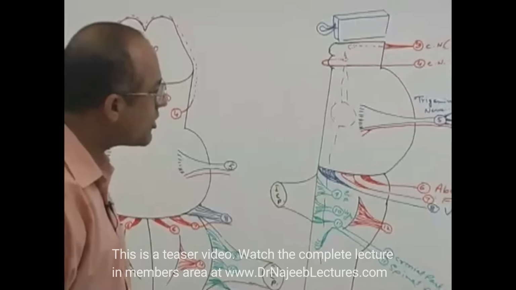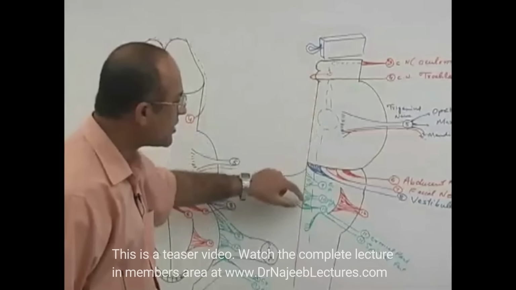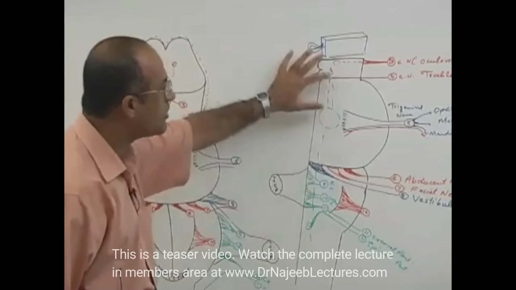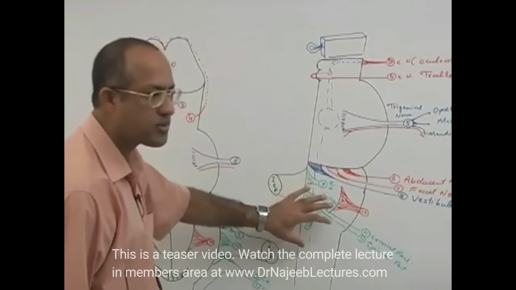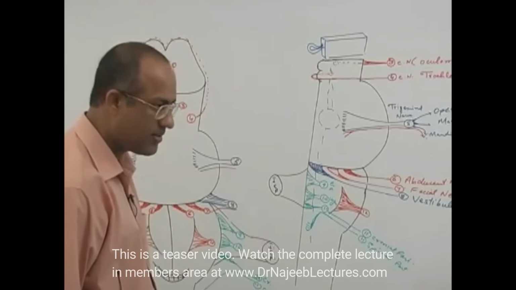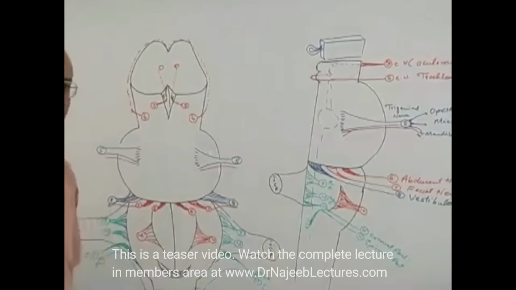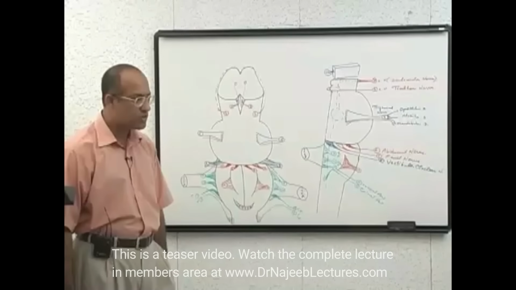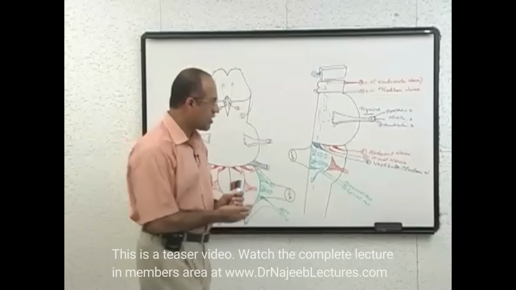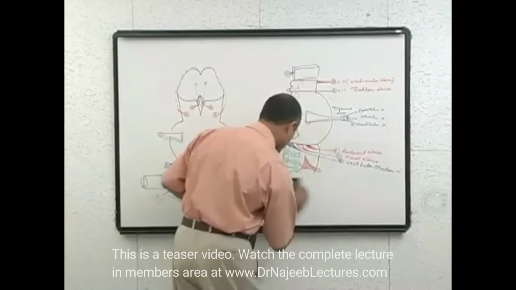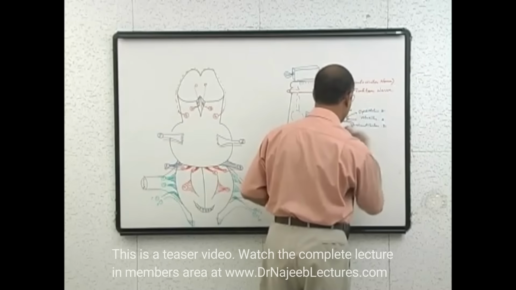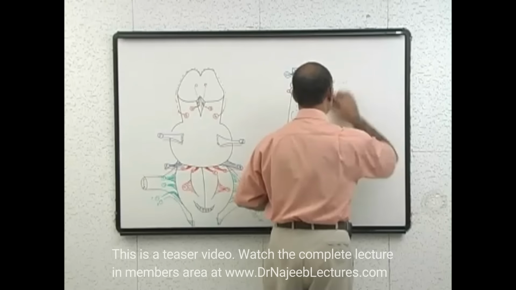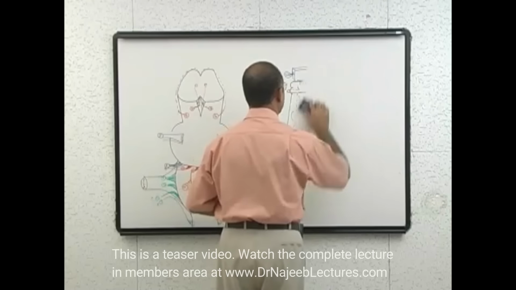Is that right? So later on, as I have told you these nuclear extensions, I will tell you all the nuclei, exactly how they are placed within the substance of the brainstem. Is that right? Any question related up to this? There's no question? Okay. Now we go to another general principle related with the brainstem structural architecture.